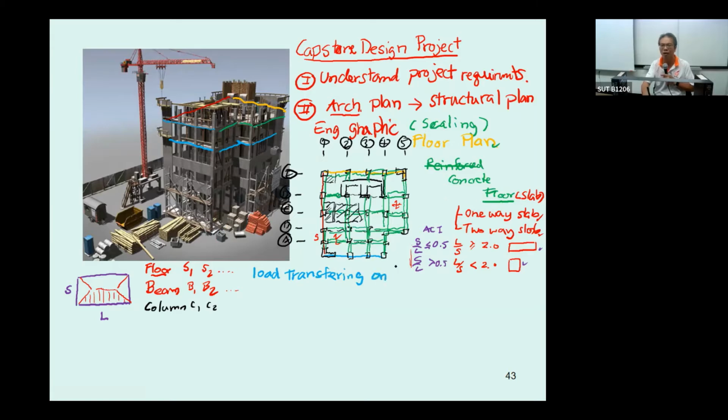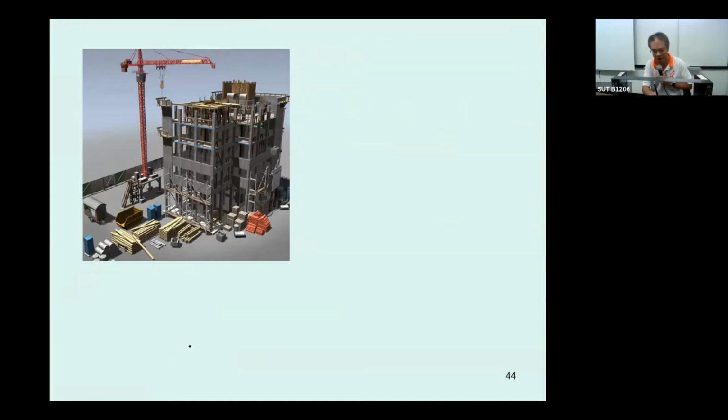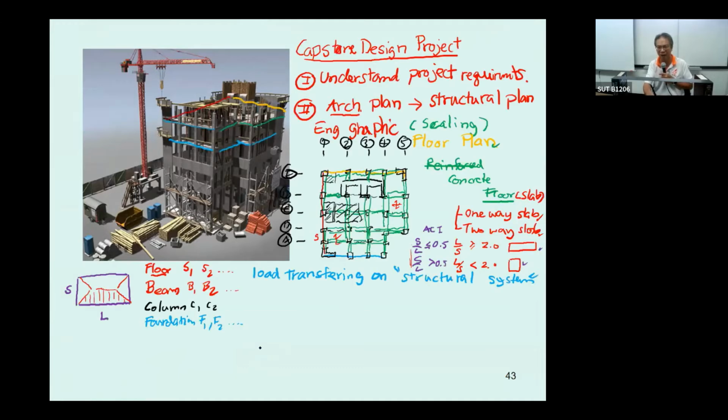And then you may finally go to the foundation, and you will take note as F1, F2, whatsoever. It depends on how many footings you have.